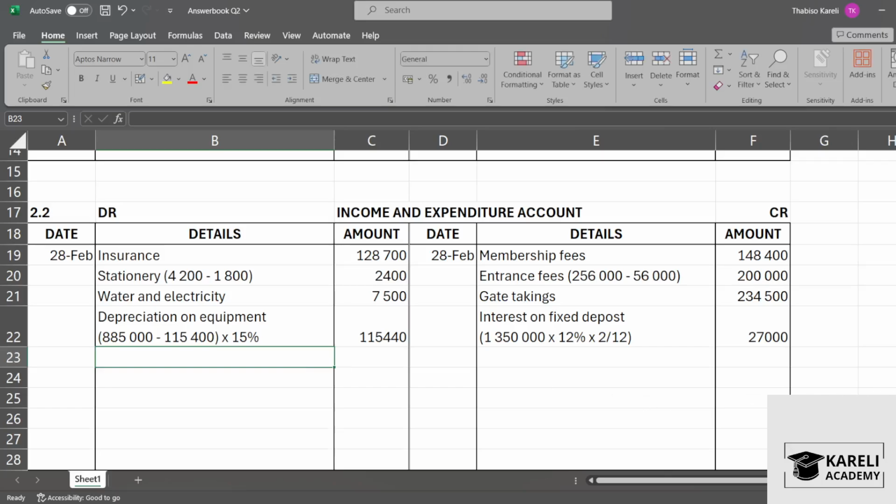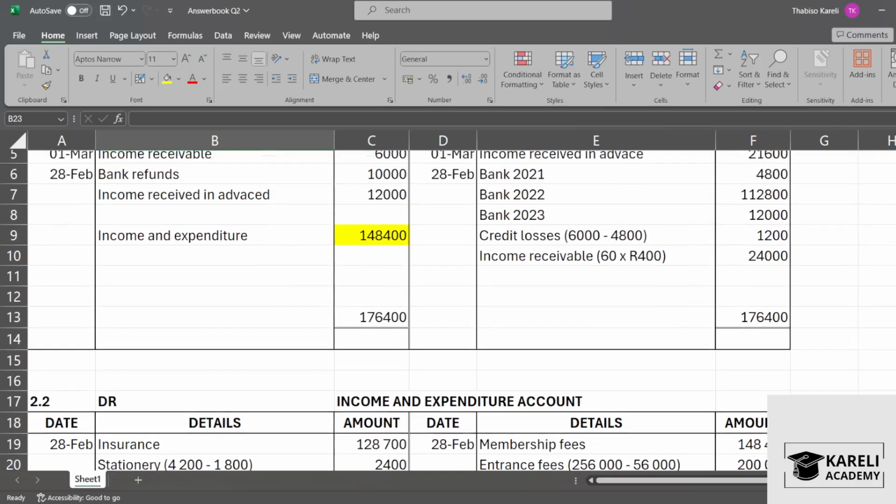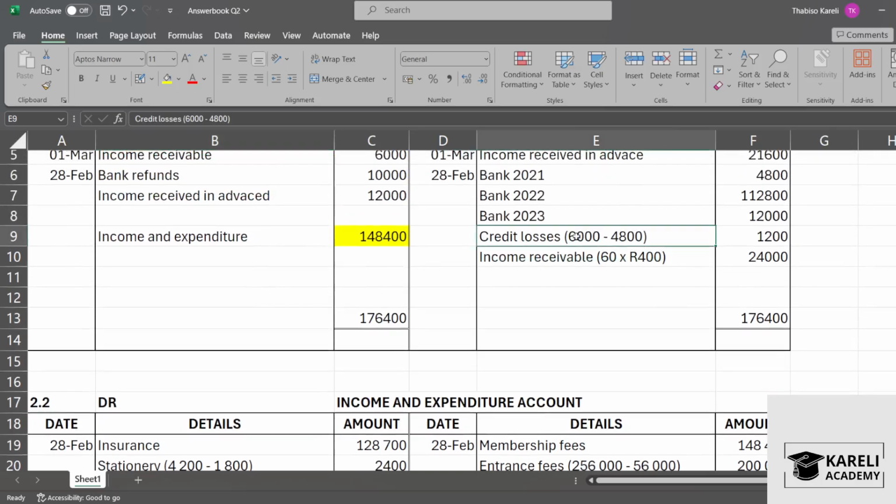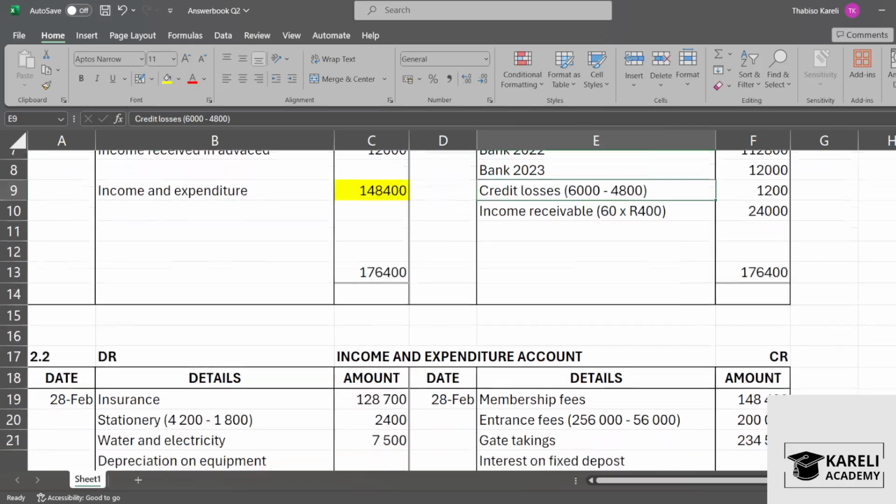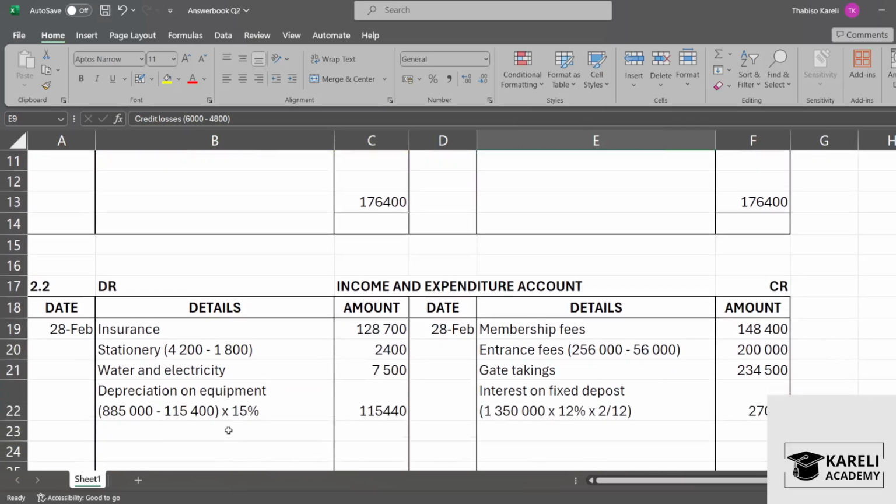You go back and check from our membership fees. We have the credit losses of 1,200. Those credit losses, remember, are our expenses. So you must have them, credit losses.